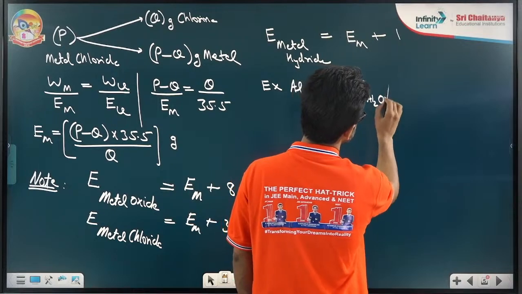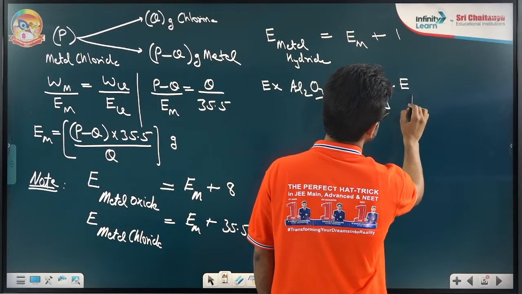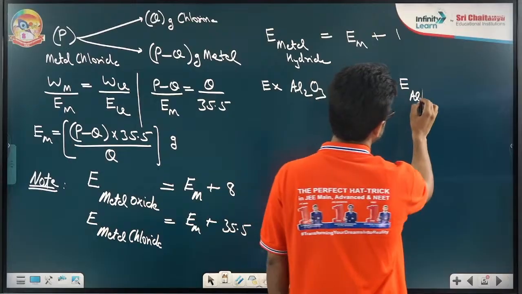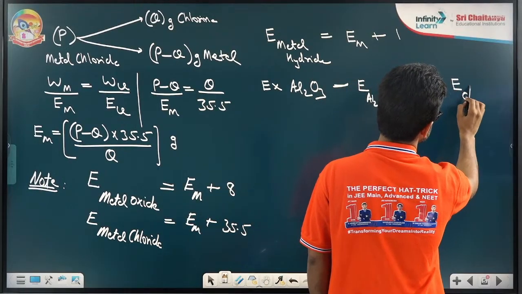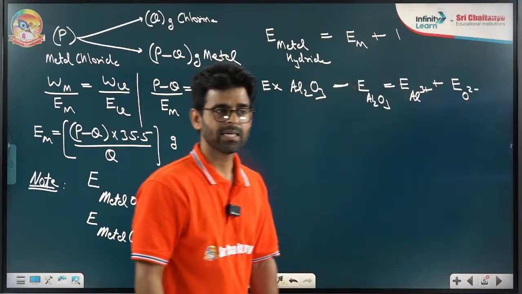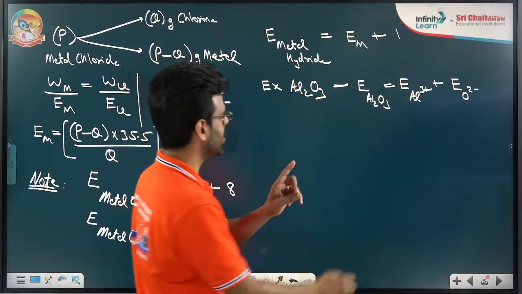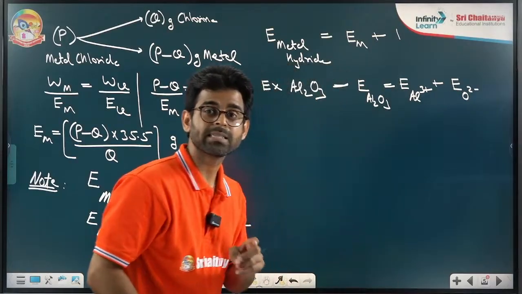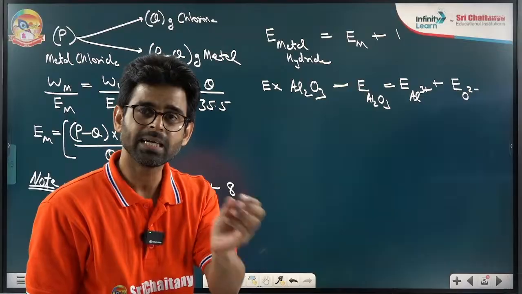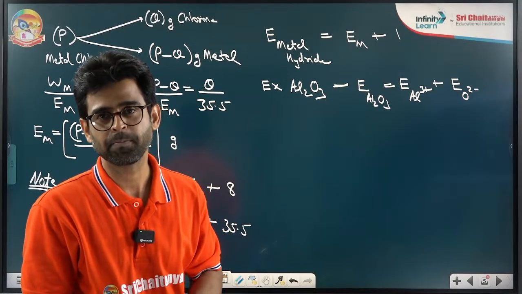It will be very easy to say. It is the equivalent weight of aluminium, and equals to the equivalent weight of oxygen or oxide ion. So I will not multiply here by 2, or by 3. I will just add the equivalent weight of both the ions.